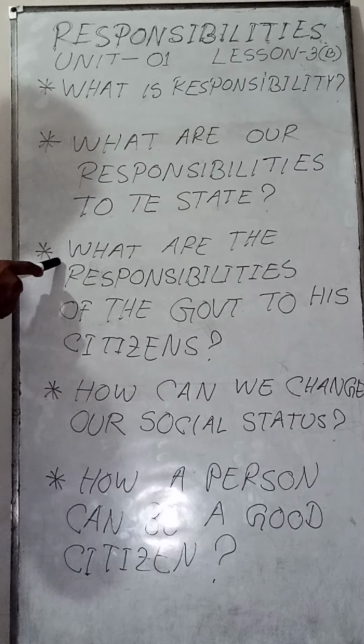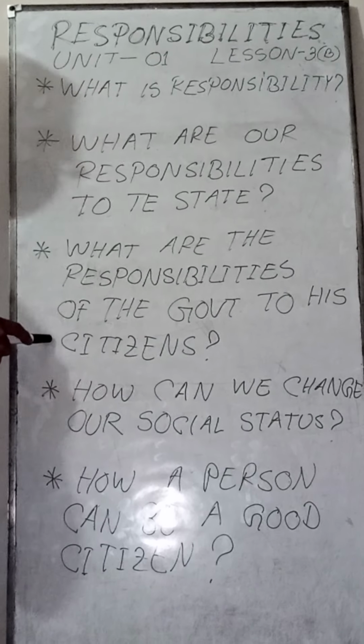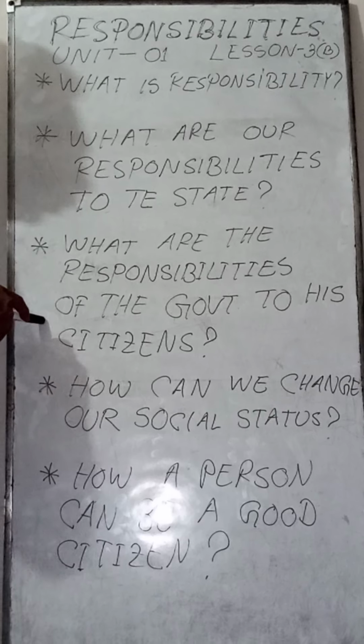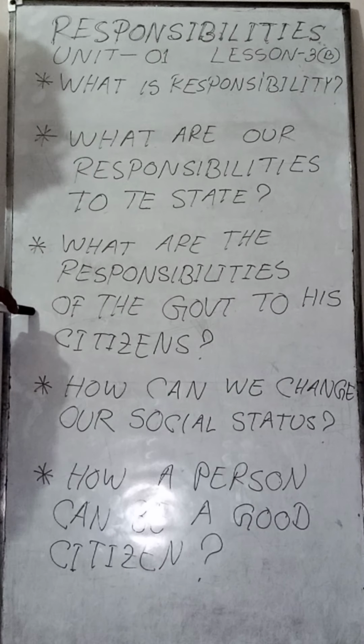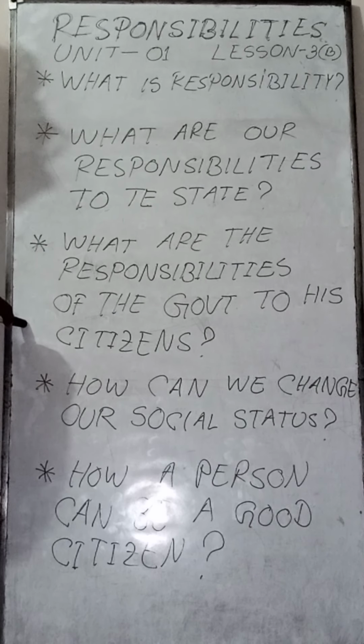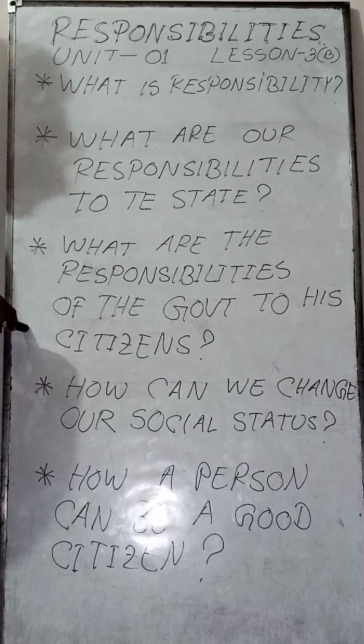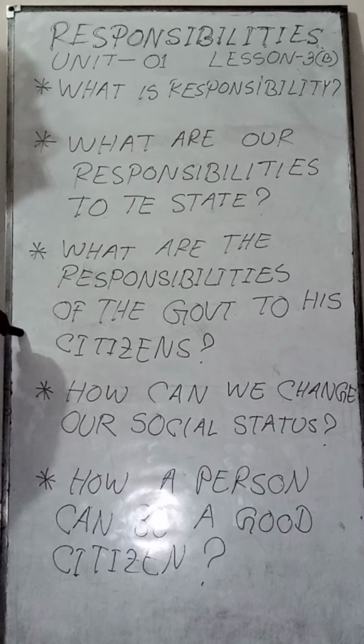And number 3, what are the responsibilities of the government to its citizens? Yes, we have responsibilities to the state, and the government also has responsibilities to its citizens. And what are they?